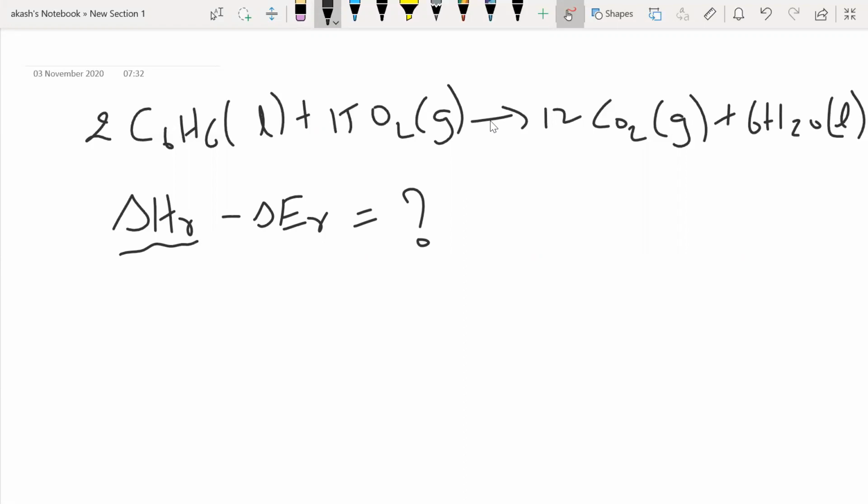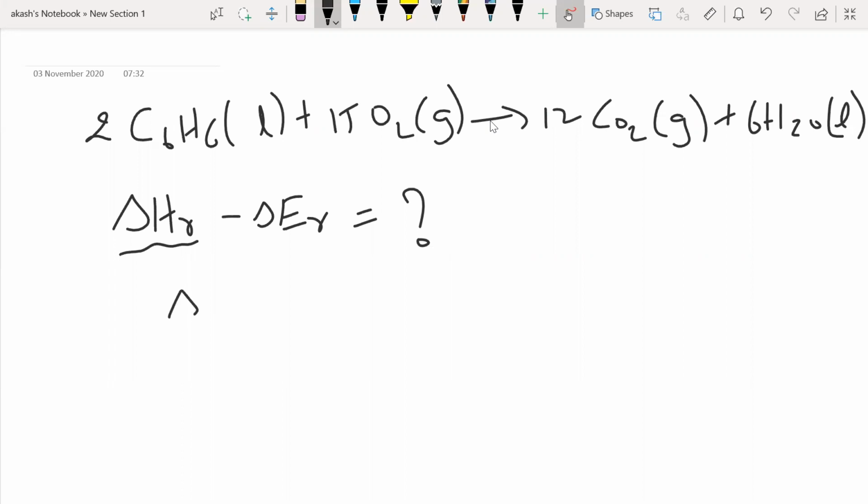What should I use here? We talked about the difference between enthalpy and internal energy when we started thermochemistry, if you can remember. What should I use here, people? Yes, instead of delta E, sir, delta NG RT. Right.